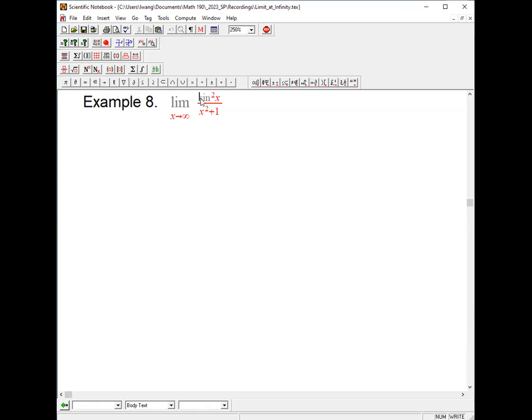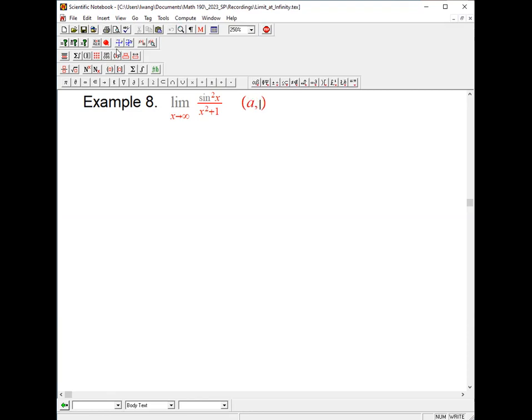Because sine squared x is always greater than or equal to 0 as x approaches infinity. Remember, we work with this expression under the limit, which means the limit definition applies.